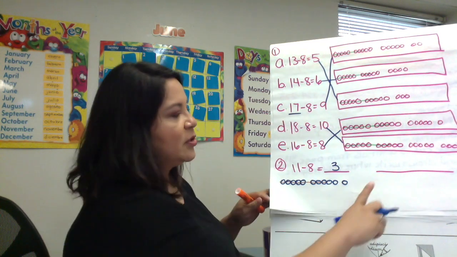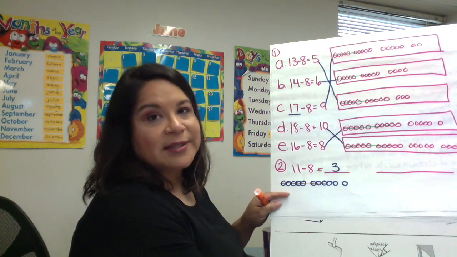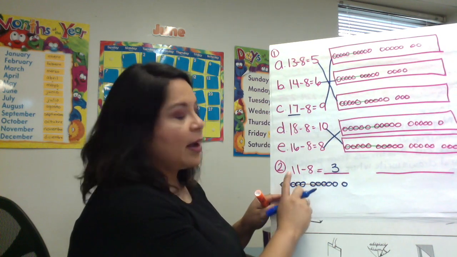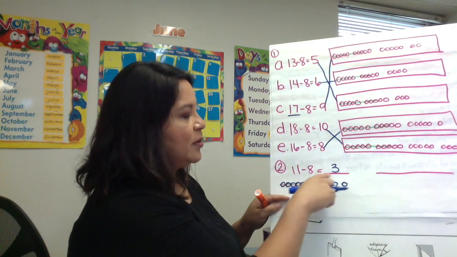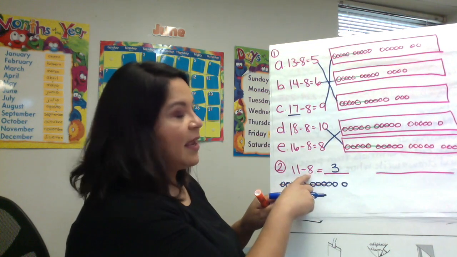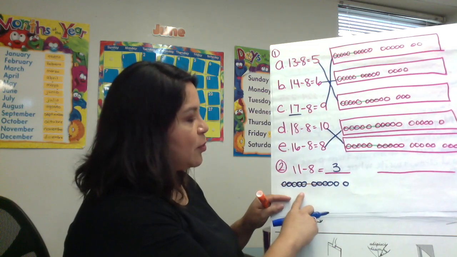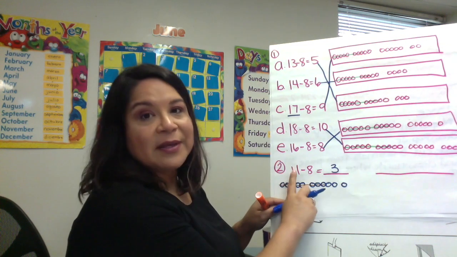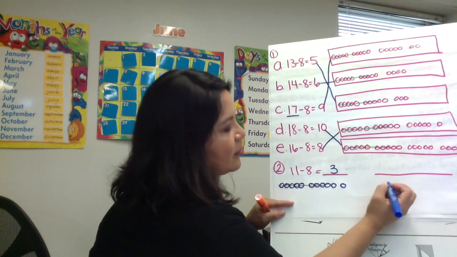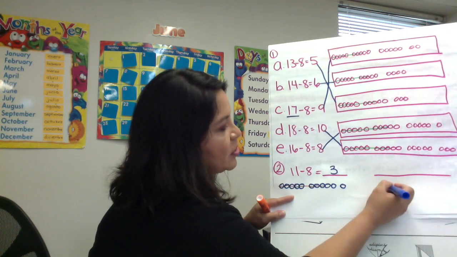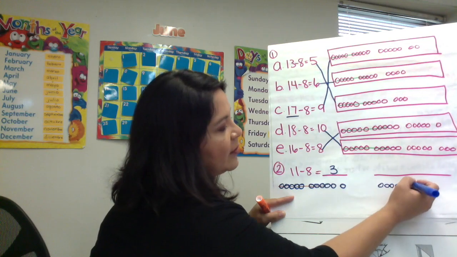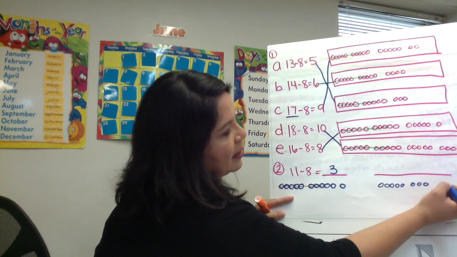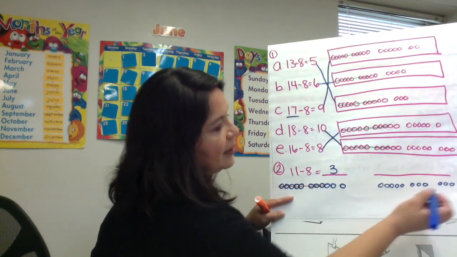But now they want us to do an addition sentence using the same numbers to make it true. Now, I'm not going to add this one with the 3 because it will not give me 8. So we're rearranging. We're going to try 8 plus 3. Let's see if it gives us 11, right? So it's 8, 1, 2, 3, 4, 5, 6, 7, 8, and then plus 3, 1, 2, 3.